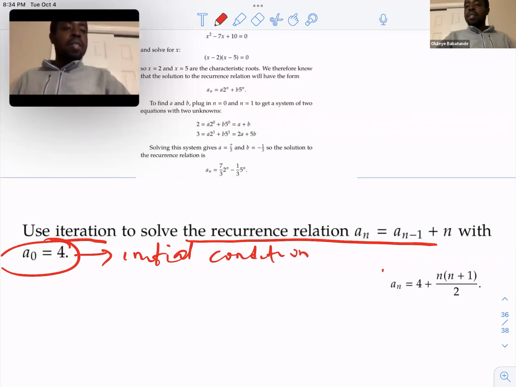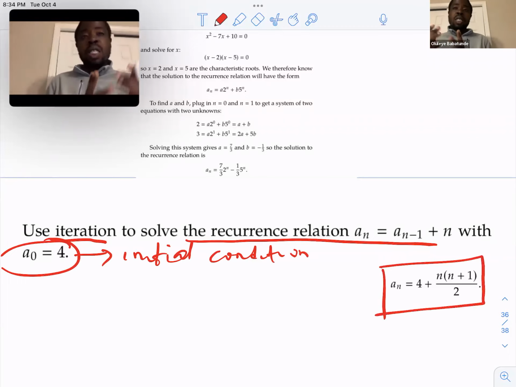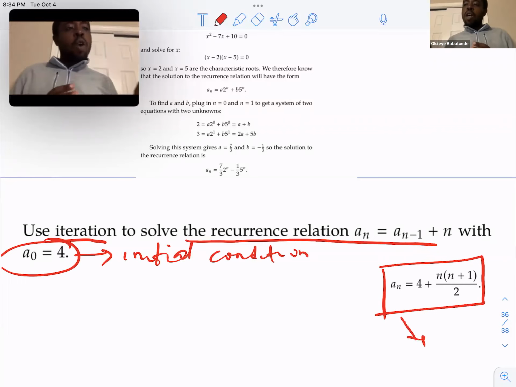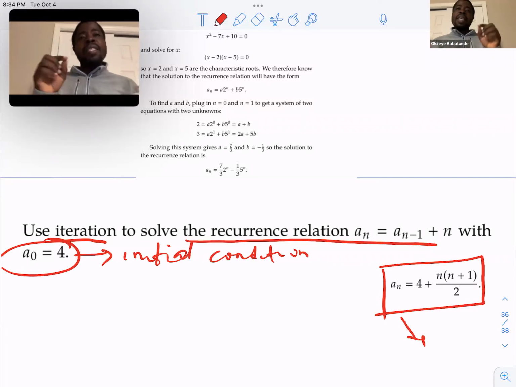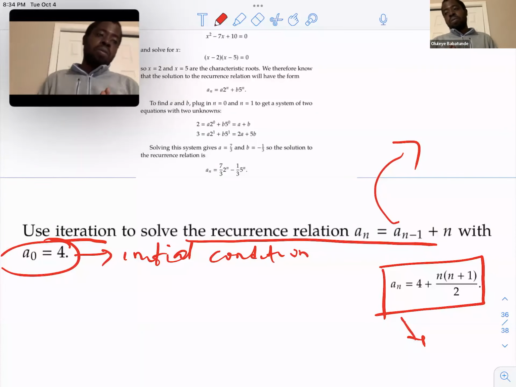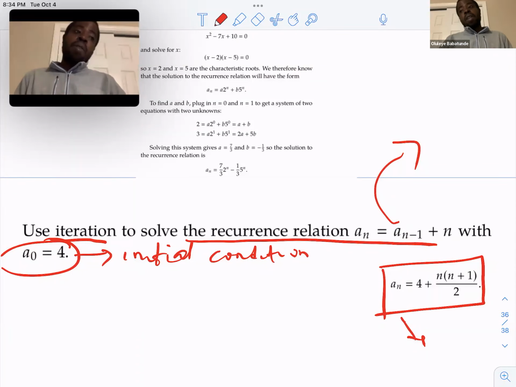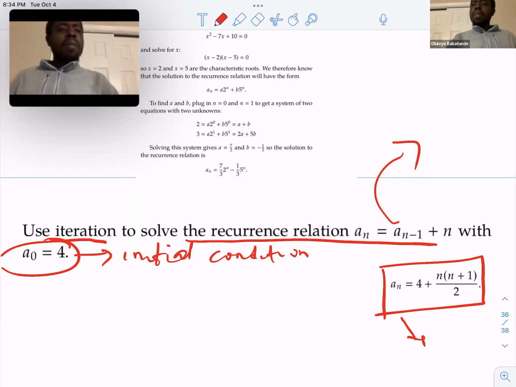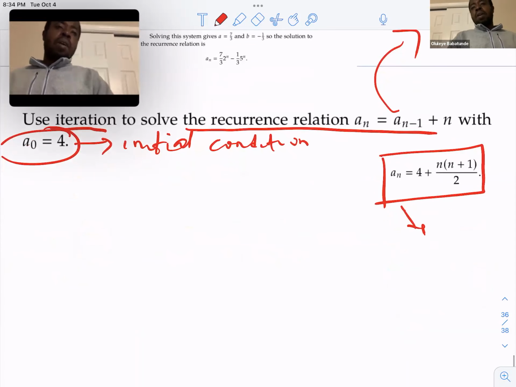Show that this is the solution of the recurrence relation. In other words, this formula is what you can use to get any term of this sequence. With this formula, you can predict the next term. So let's see how we can use that.